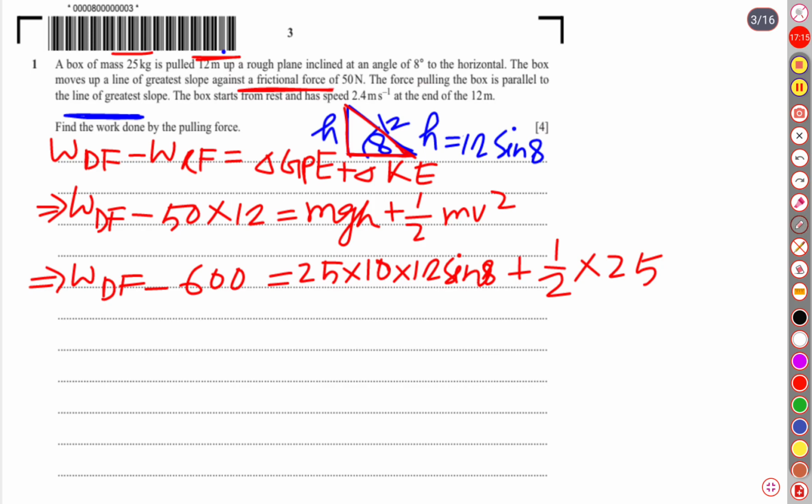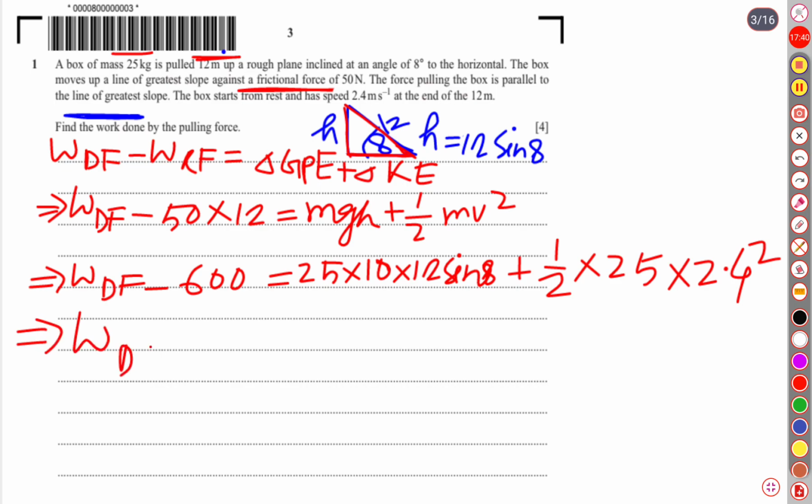So it is 2.4 squared. This is actually the difference between the initial and final velocity. The initial velocity was 0 because it started from rest, so the final velocity minus the initial velocity is 2.4. Then let us do the calculation.